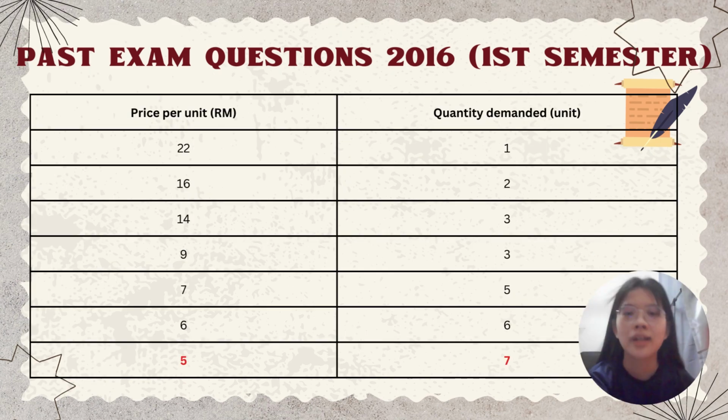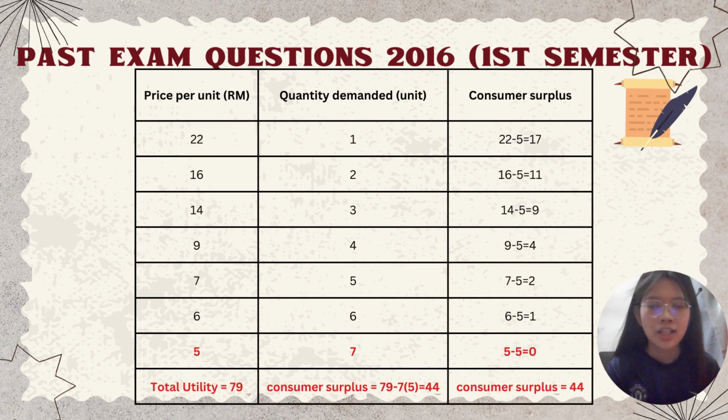The table below shows the price per unit of a good and also the quantity demanded of the good in units. Let's assume the market price of the good is RM5 and the quantity demanded of the good is 7 units.